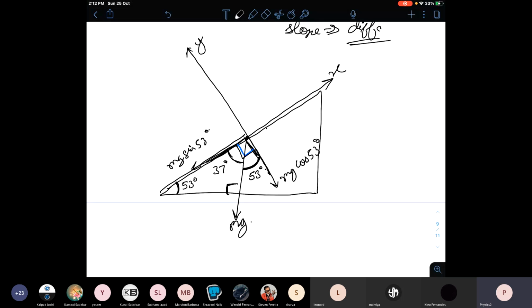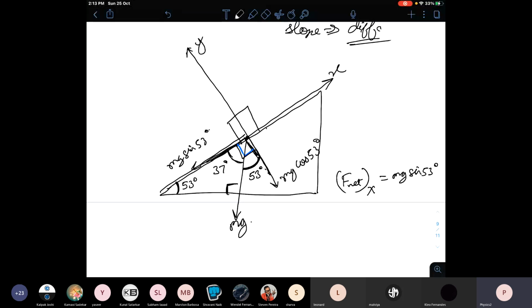If mg sin 53 is in the downward direction, and if you see your block, there is no other force acting on it in the x direction. So the net force in the x direction is mg sin 53 degree. In the x direction you can replace F as ma.